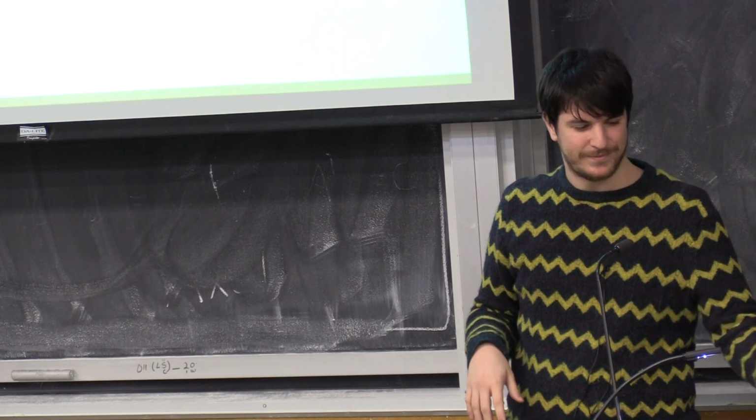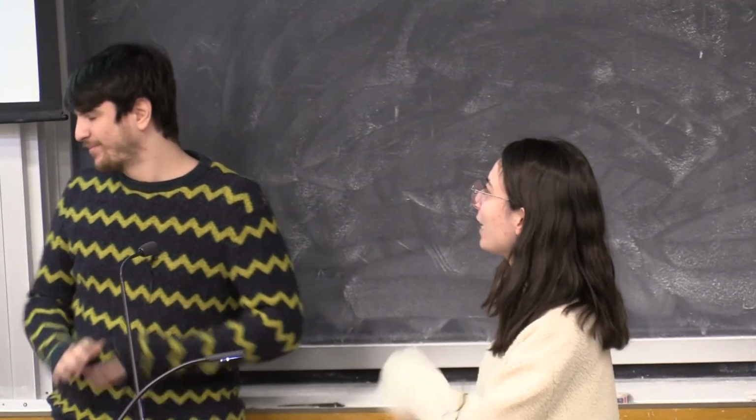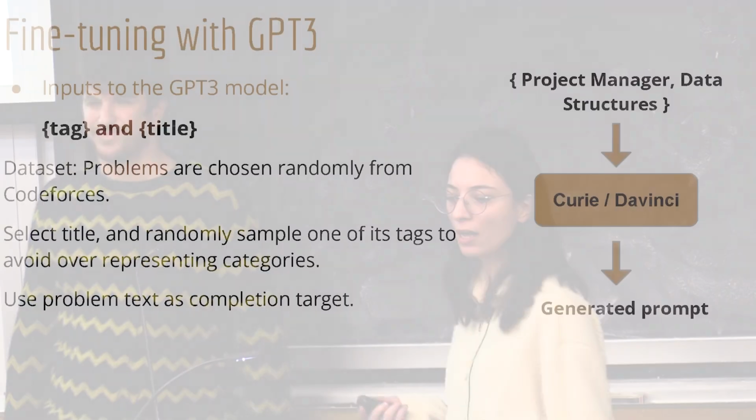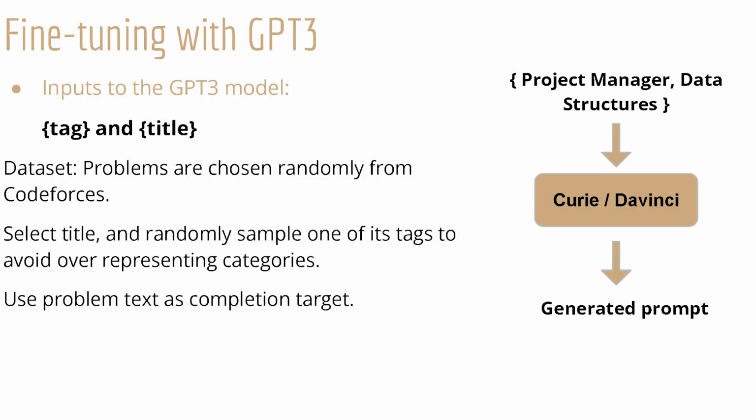So now for our model, we use fine-tuning with GPT-3 models, and more specifically Curie and DaVinci models. We sent inputs in the format of tag and title, where we use the title of the data itself as the prompt, and for the tag, we randomly choose one of the set of tags that we have for this specific prompt. And we use a bunch of problems chosen randomly from the Codeforces dataset. And the problem text is the completion for our model.